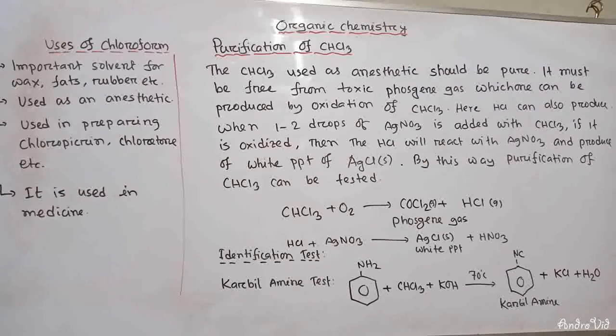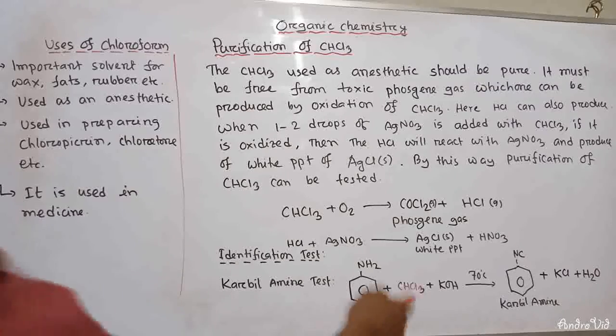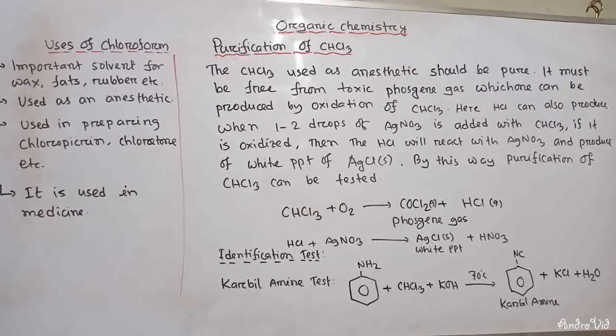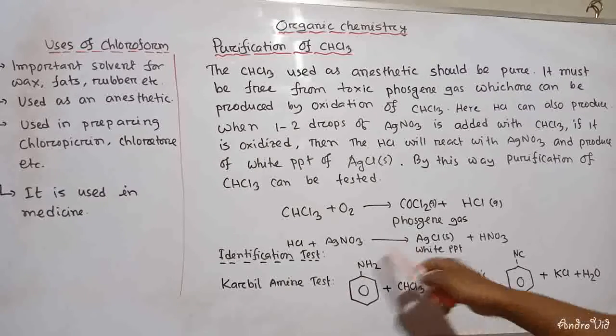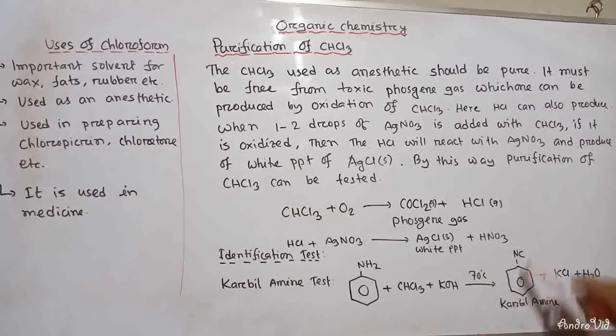Now I would like to say something about the identification test of amine and chloroform. If you want to identify chloroform, you have to add aniline, which is an aromatic amine, and at the same time alkali. At 70 degrees Celsius a reaction happens, and by this way they produce a carbylamine. This one is called carbylamine, and also called aromatic isocyanate.